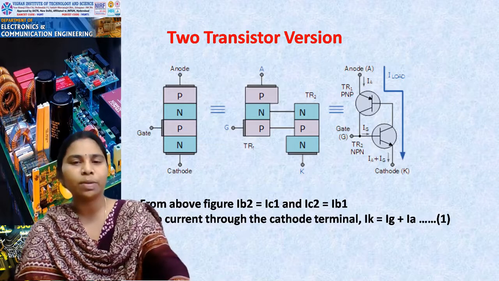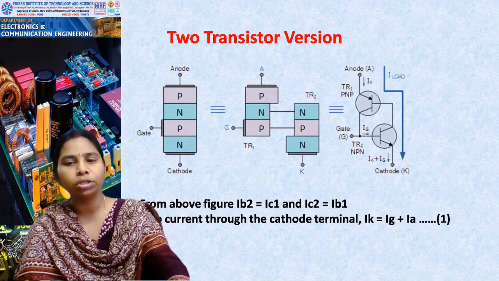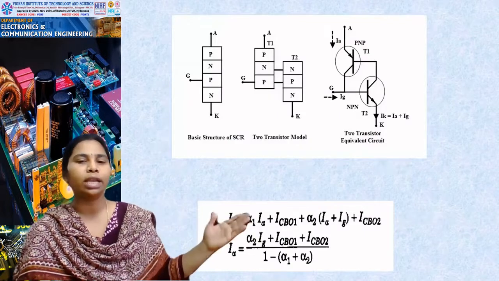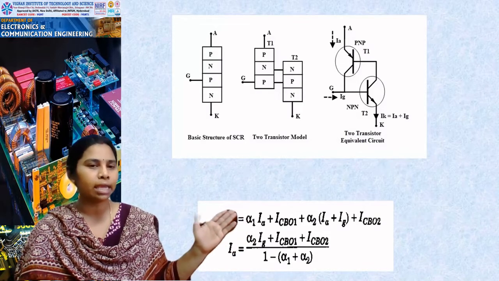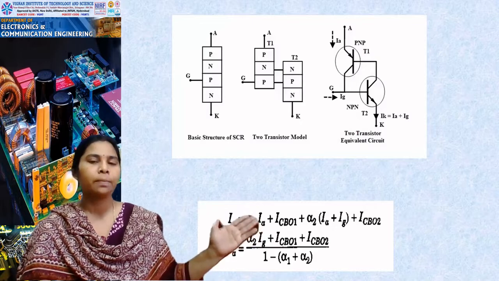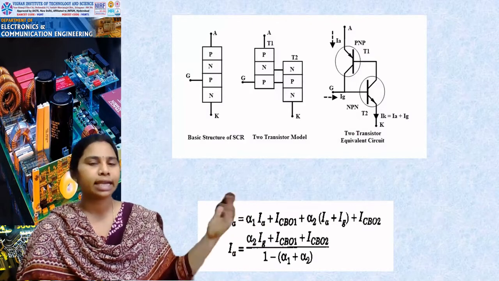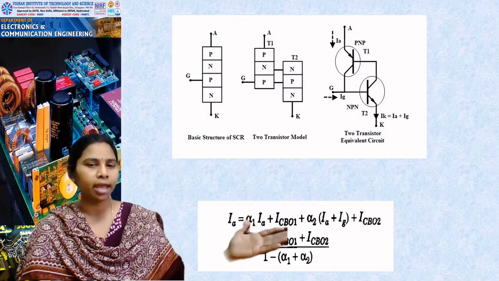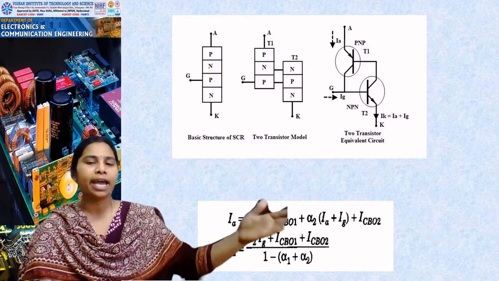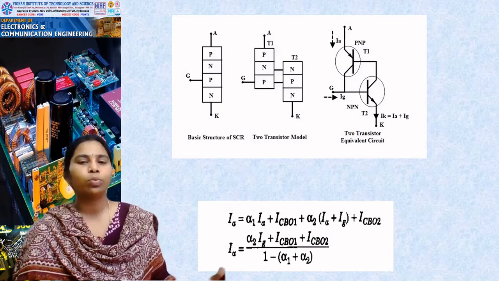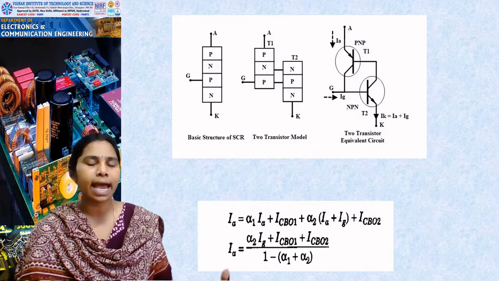We will take the same equation and combine both to get the currents. The anode current is alpha 1 IA plus ICBO. The second current is alpha 2 IA plus ICBO plus IG, the gate current value. So you want IA, the anode current.